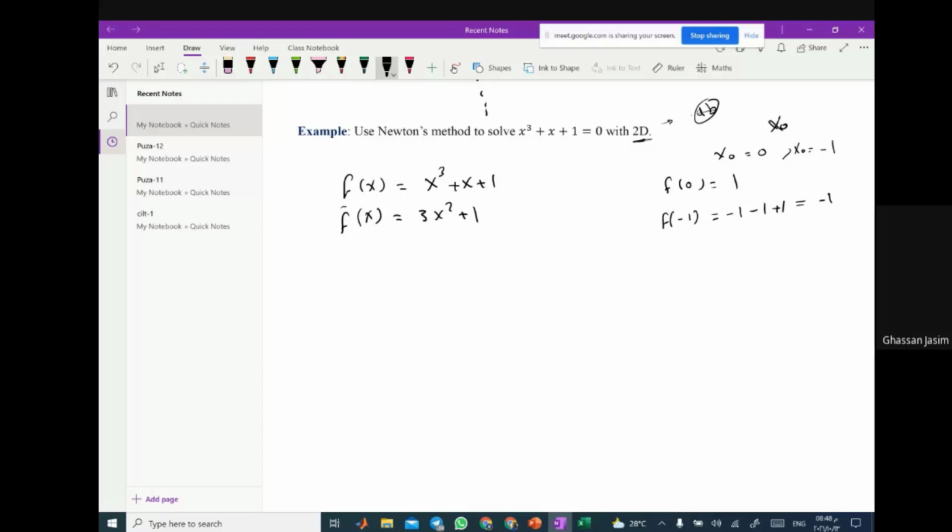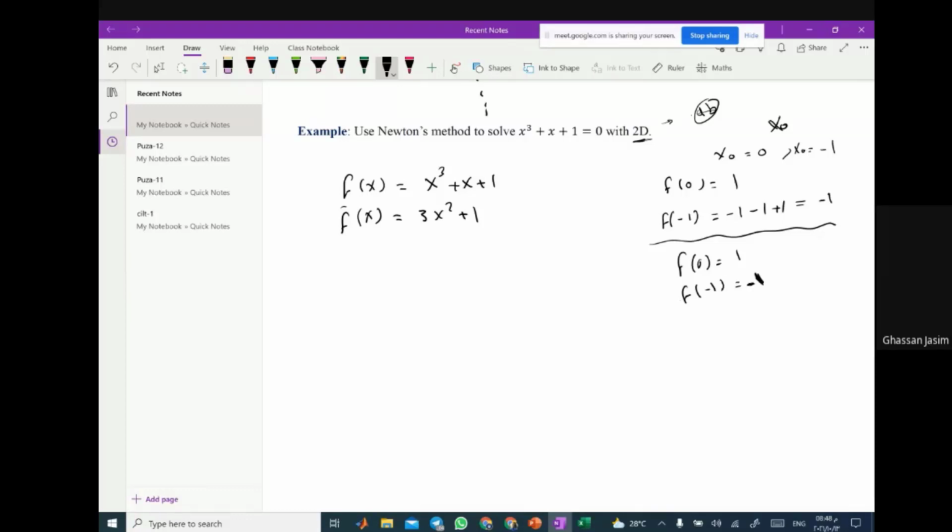Now we have 2 points. What do we have? We have f of 0 equals 1 and f of minus 1 equals minus 1.